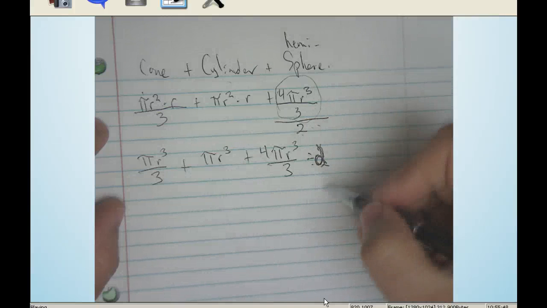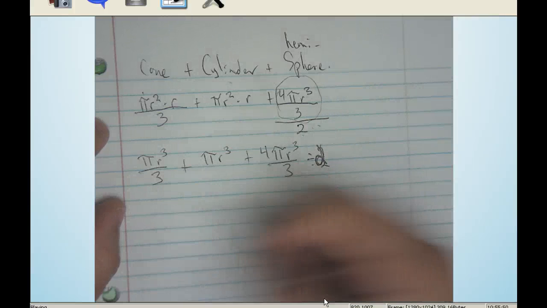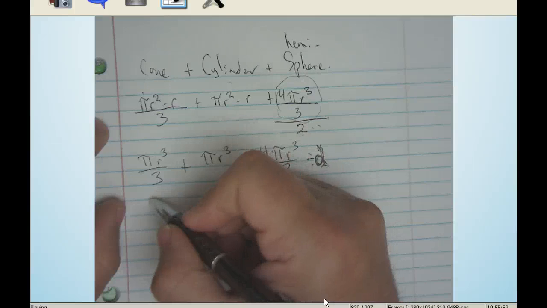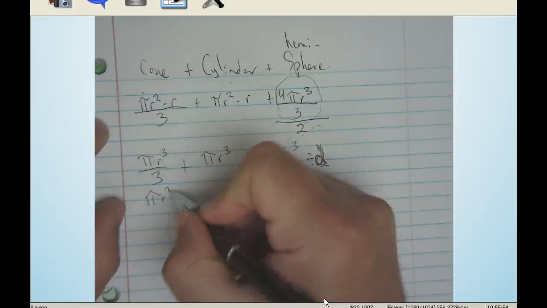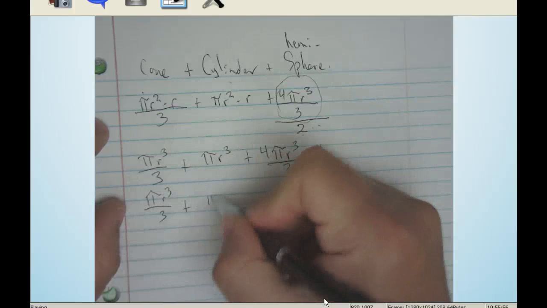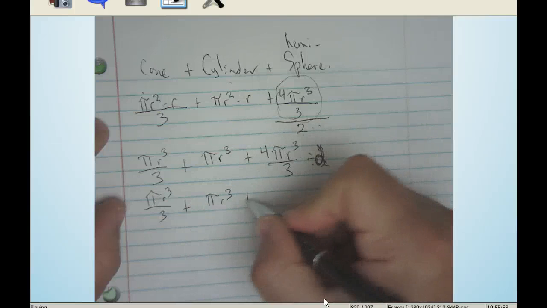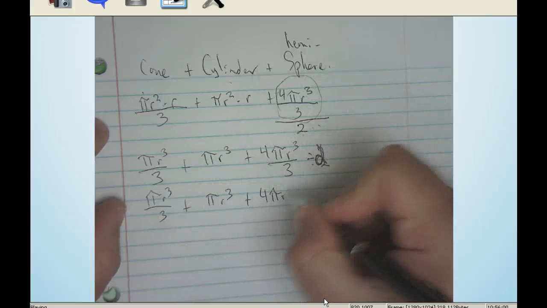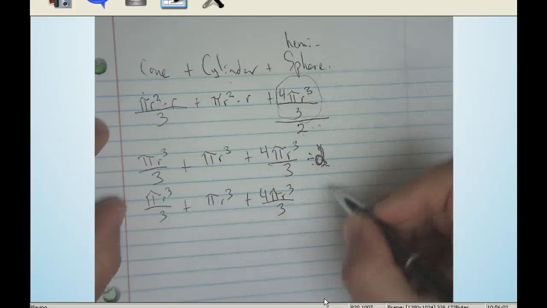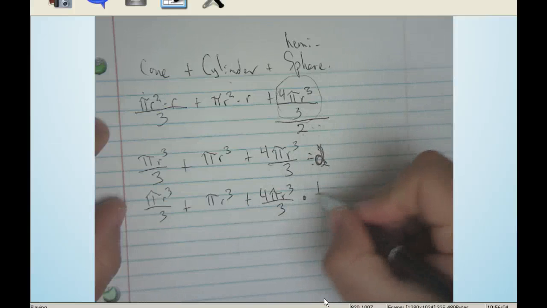Then what we do is we invert and multiply, turning that into pi r cubed over 3 plus pi r cubed plus 4 pi r cubed over 3, times 1/2.